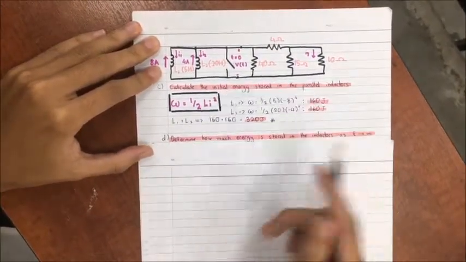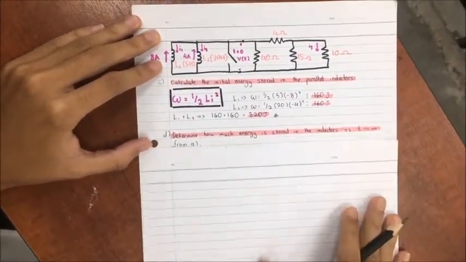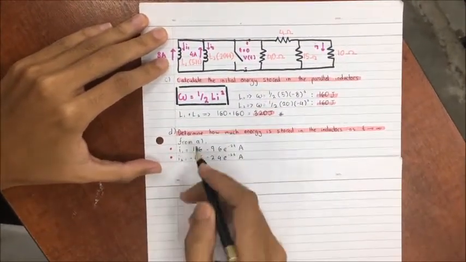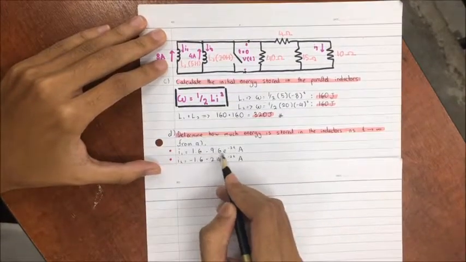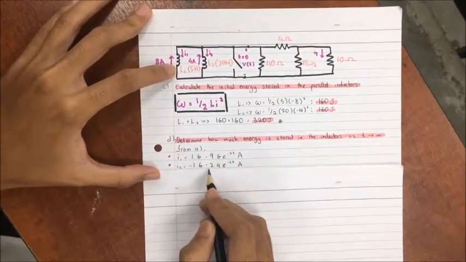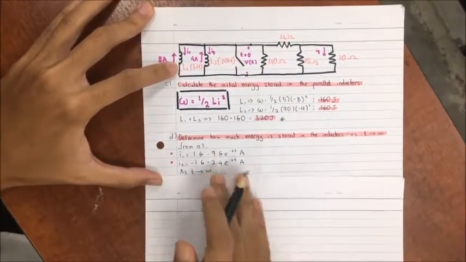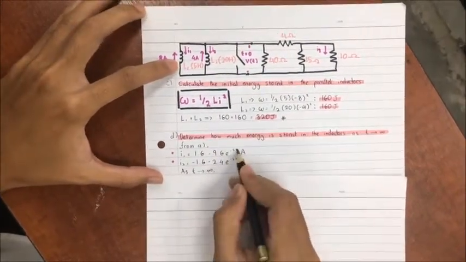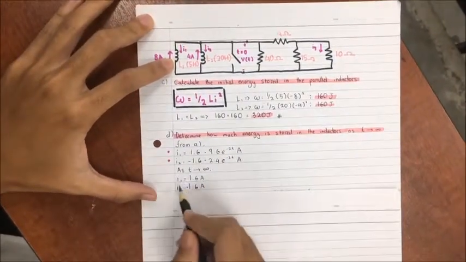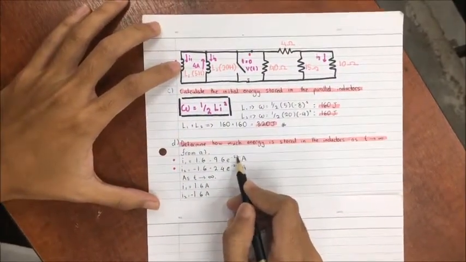For part D, we need to determine how much energy is stored in the inductors as t approaches infinity. From part A, we have learned that the formula for I1 is 1.6 minus 9.6 e to the negative 2t amperes, and for I2 it is negative 1.6 minus 2.4 e to the negative 2t amperes. As t approaches infinity, we substitute t as infinity in each of these formulas, and the exponential e to the negative 2t goes to 0.